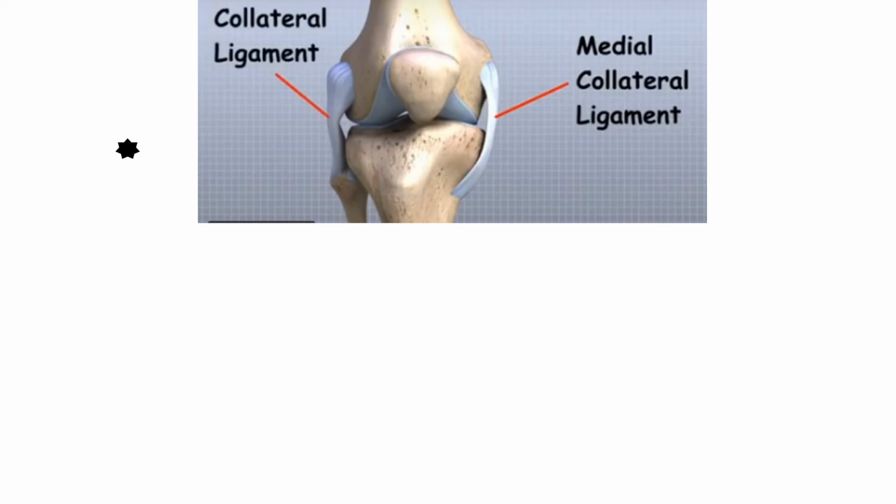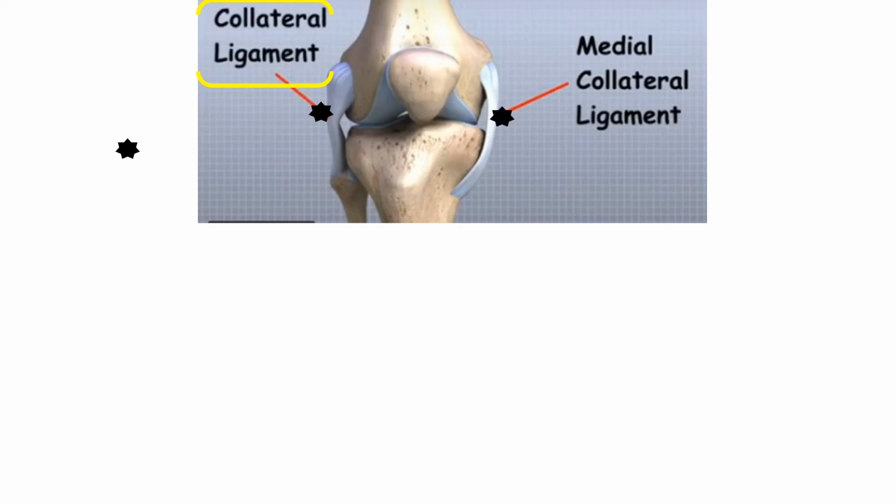Before we do anything, we need to address stability of the joints, and we know now what the factors affecting the stability of the knee joint are. And there are what are called collateral ligaments. One is on the lateral side that extends between the lateral epicondyle of the femur to the head of the fibula.